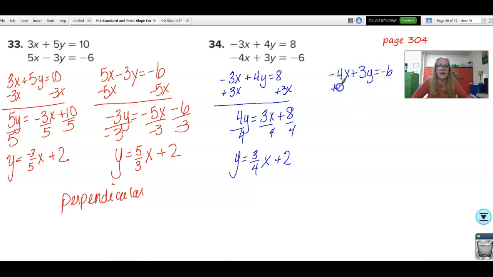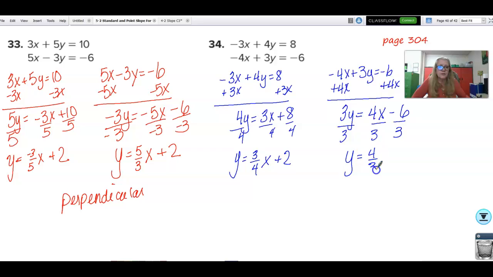Over here, I add 4x to both sides. And that gives me 3y on the left, 4x minus 6 on the right. Then I divide everything by 3. And that gives me y equals 4/3 x minus 2.